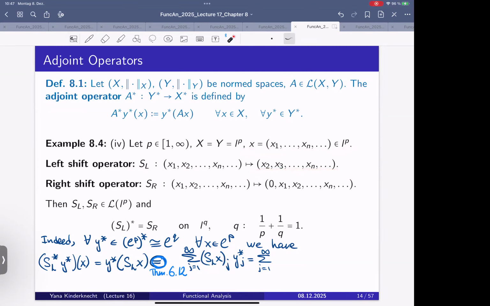So what is the j's coordinate of this vector? This is my question to you. What should I write here? What is the j's coordinate of this vector?